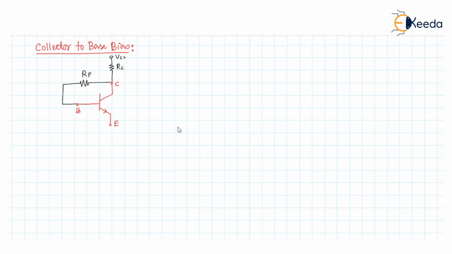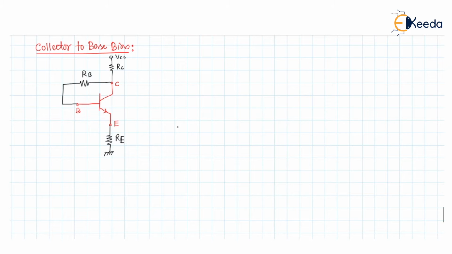So this is the RB resistor, and there is an RE resistor connected at the emitter terminal. Basically, this is the circuit of collector to base bias using the emitter resistor.